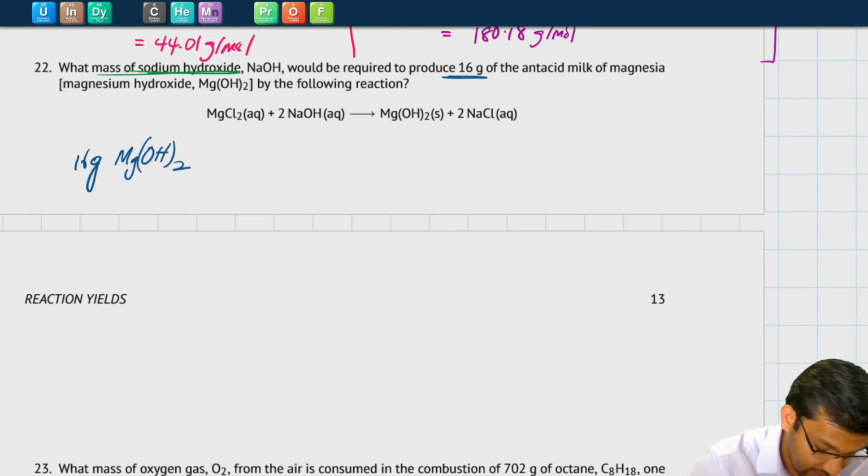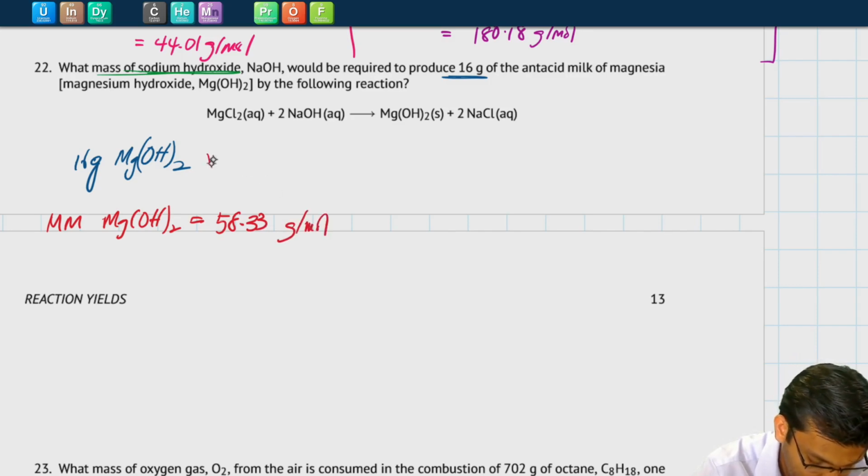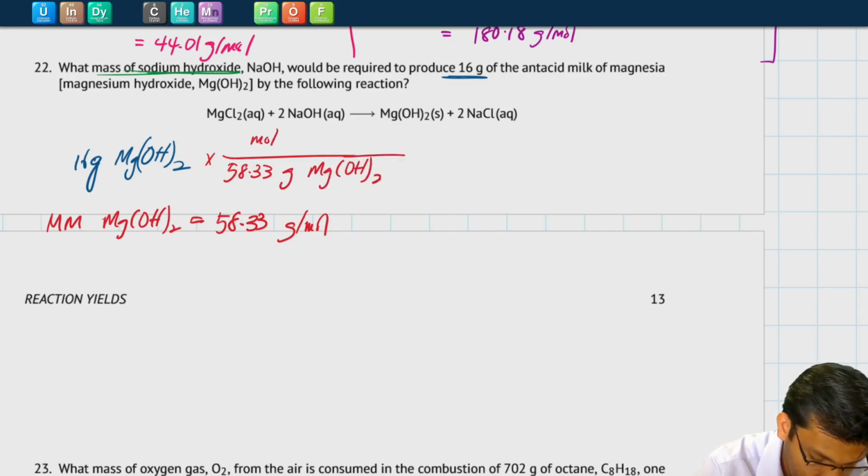We divide that by the molar mass of Mg(OH)2, which I'm not going to calculate, but it's 58.33 grams per mole. So it's 58.33 grams of magnesium hydroxide per mole of magnesium hydroxide.